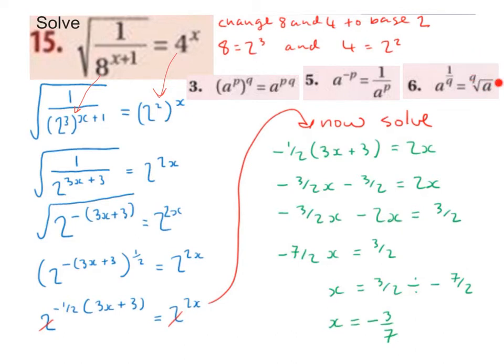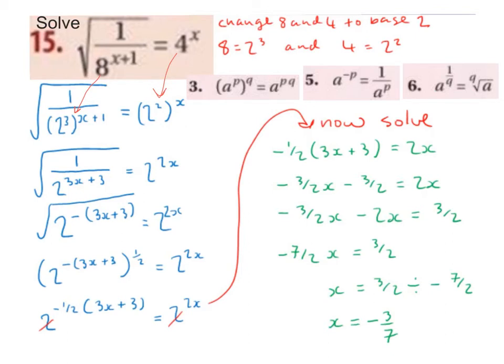We're going to go from the root of a gives us a to the power of 1 over q. So in this case, the square root of 2 to the power of minus 3x plus 3 gives us 2 to the power of minus 3x plus 3 raised to the power of a half. So this square root becomes the power of a half.